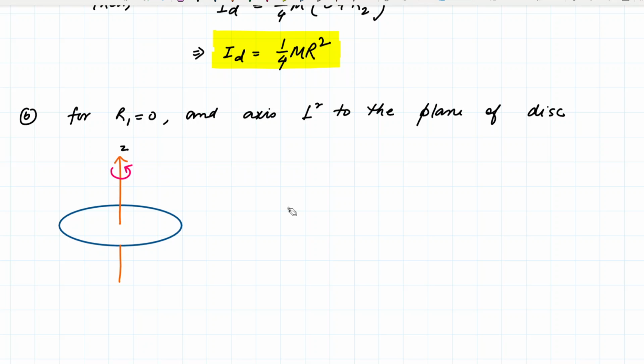Perpendicular symmetry. Yes, you can apply the perpendicular axis theorem. Let's suppose there is an x-axis and a y-axis.